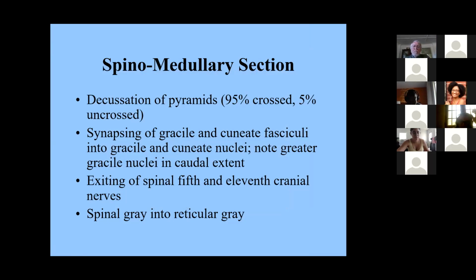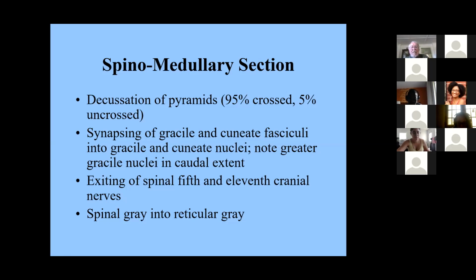So now, when we continue to move up, we're basically again saying that the pyramids are decussating. 95% of them are decussating, 5% is not. And that again, we continue to see the synapsing of that massive dorsal column system of the gracile and cuneate fasciculi into the gracile and cuneate nuclei, and is again going to be more gracile nuclei synapsing in the caudal extent.